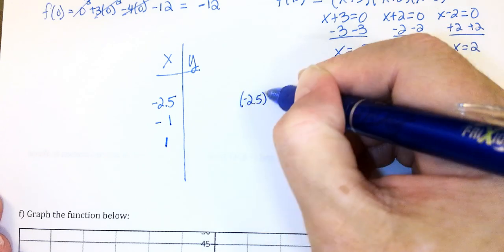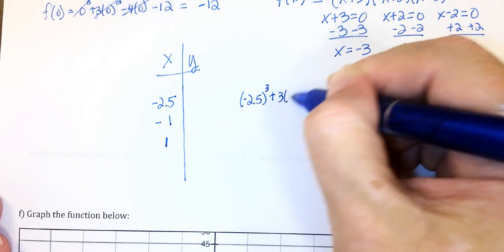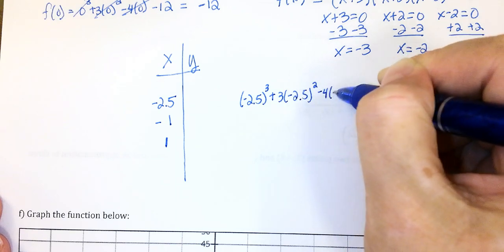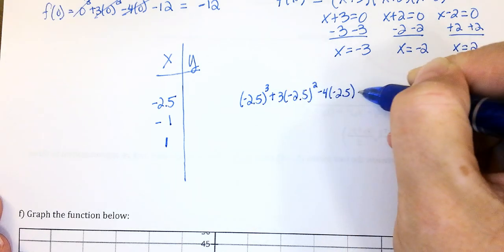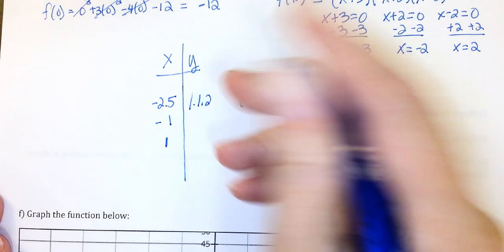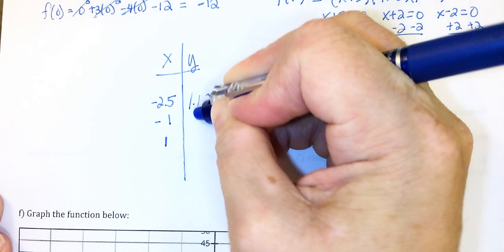So negative 2.5 cubed plus 3 times negative 2.5 squared minus 4 times negative 2.5 minus 12. Let's see what that gives in the calculator. Okay, I get 1.125.